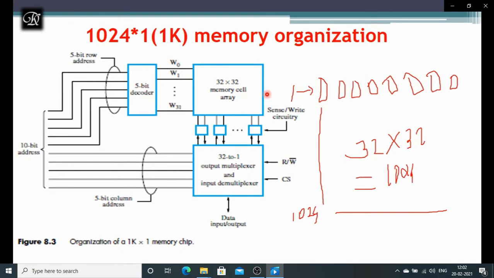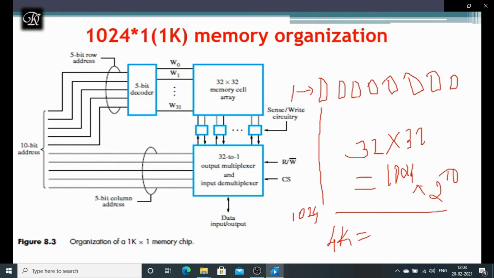What if in the examination they ask for 2K or 4K? How are we going to configure it? It's very simple. I'll take an example of 4K. If they have asked for 4K, what do we have to do? The simple task is, I already know 2 to the power of 10 gave me 1K, right?